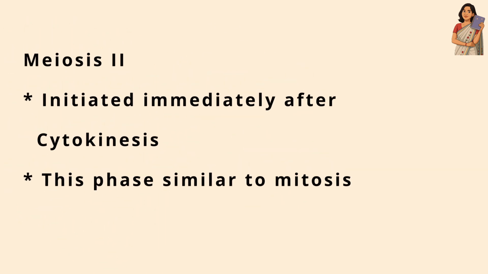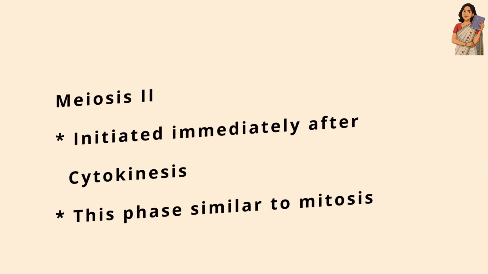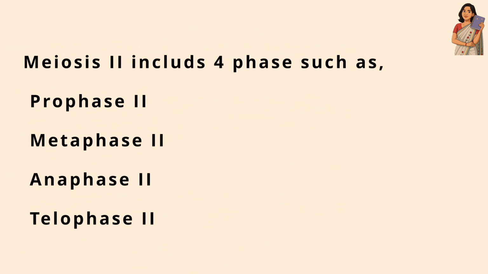Meiosis II starts immediately after the completion of cytokinesis. And also, Meiosis II more or less resembles the normal mitosis process because this also has 4 phases called prophase 2, metaphase 2, anaphase 2 and telophase 2. We'll read one by one.